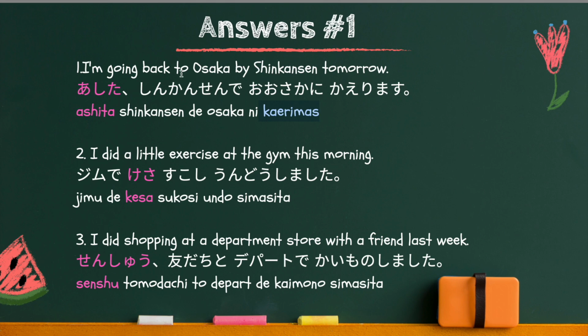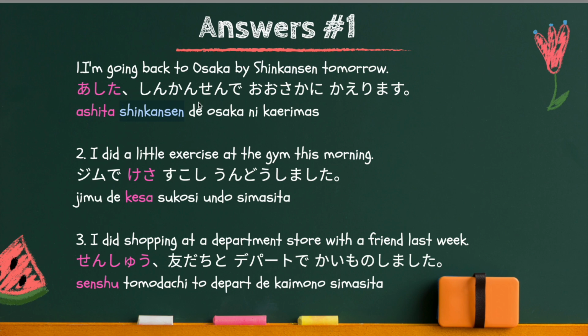And to Osaka. Osaka is your destination, direction. Therefore, you need to put the ni particle to indicate Osaka is your destination. By Shinkansen. Shinkansen is the means by which you go to Osaka. Therefore, you need to use the de particle to indicate this is how you go to Osaka.